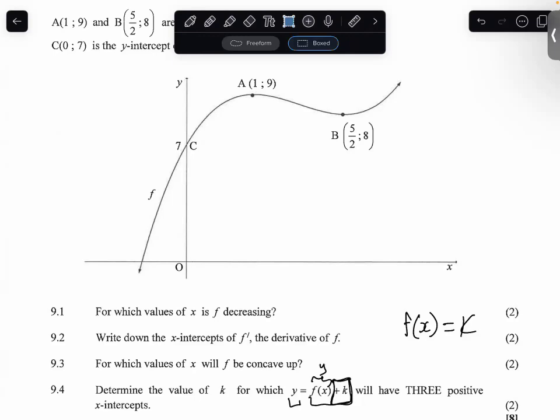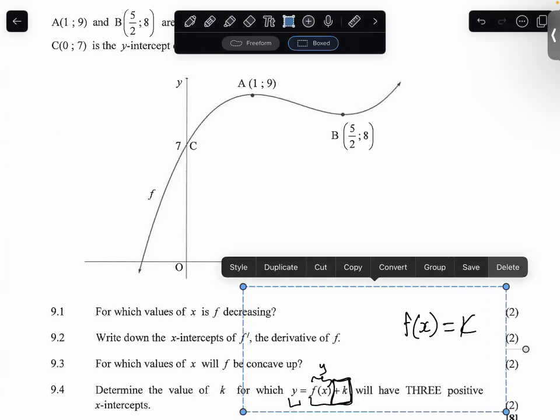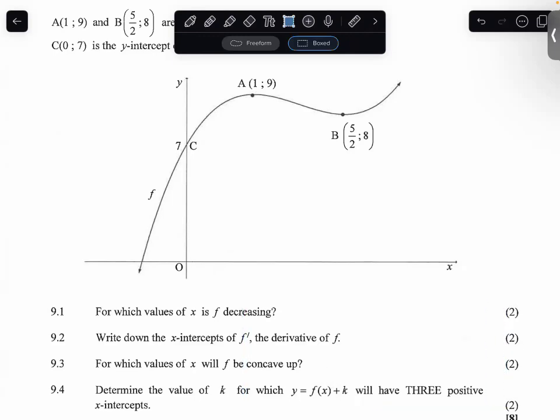And so this is what we're going to do. Remember, the graph is only moving vertically. It's not moving horizontally, right? So if I take this graph, right, and I shift it down, because currently I need the graph to have 3 positive x-intercepts.